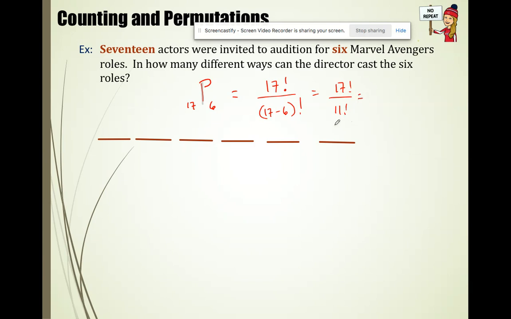The 11 factorials are going to cancel out. This is going to be 17 times 16 times 15 times 14 times 13 times 12 times 11 divided by 11 factorial, and I have 17 times 16 times 15 times 14 times 13 times 12.